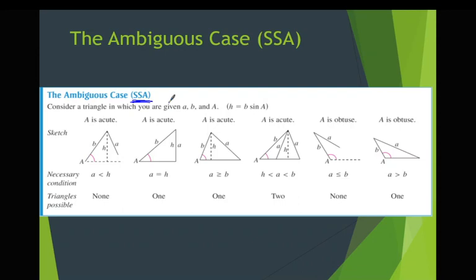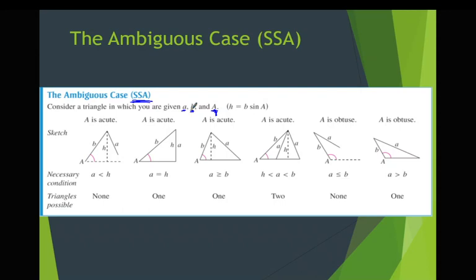So if you're given a triangle where you're given two sides and this angle A. Now, this angle that we're given has to match up with one of the sides given. So if I'm given side A and B, this angle has to be either matching A or B. Okay? And if that's true, then we have these possibilities.